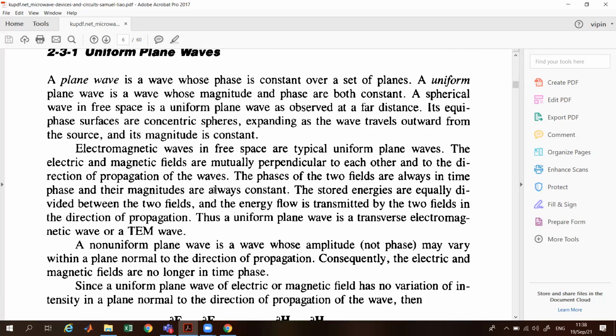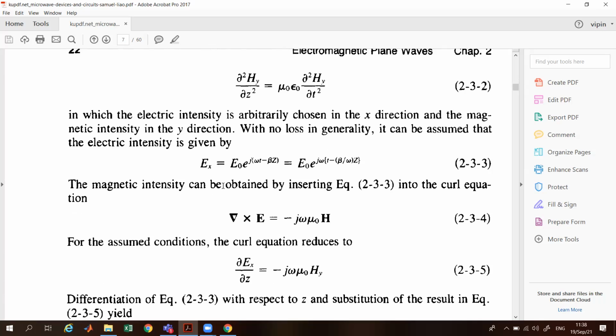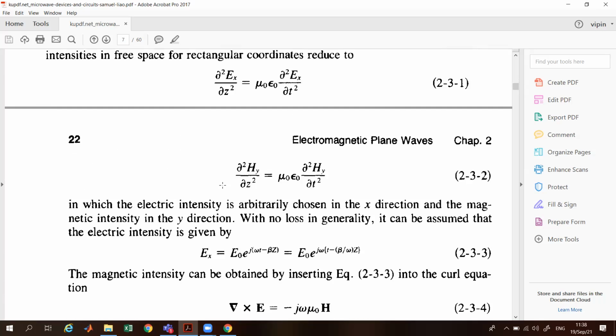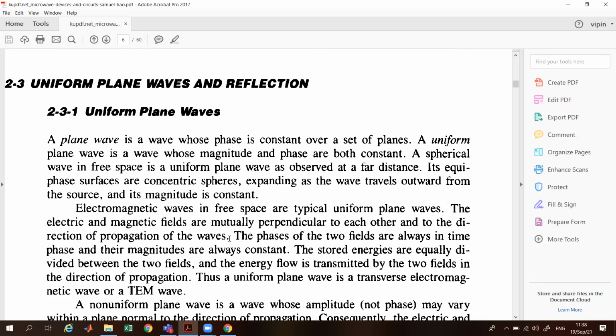Now we have different types of regions in which we propagate our waves, basically electromagnetic waves. Depending upon the types of waves, they propagate through the medium, they reflect, and they refract also. So let us define a uniform plane wave.